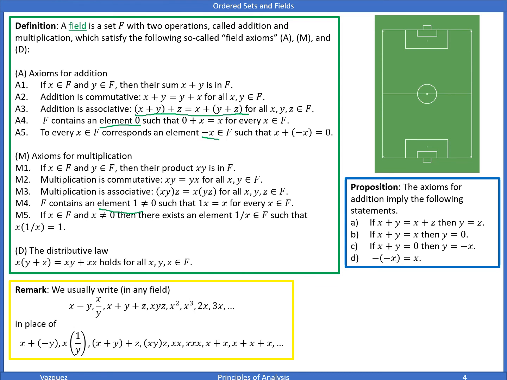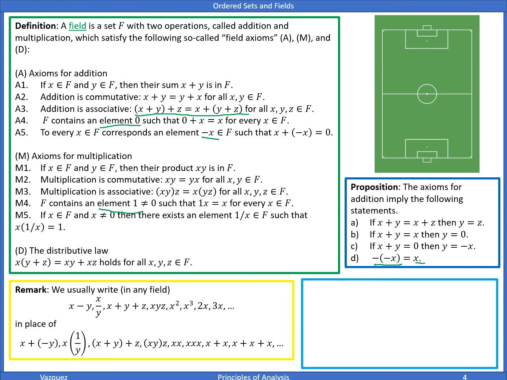And D, the negative of a negative element is the element x. I shouldn't use negative and positive so loosely here, but I'm just using it as maybe how you're used to reading things. But these things can be proven. A, B, C, and D. A is actually called the cancellation law.